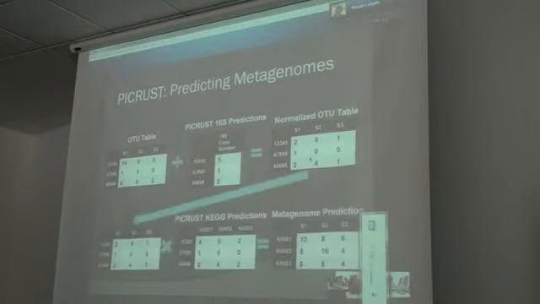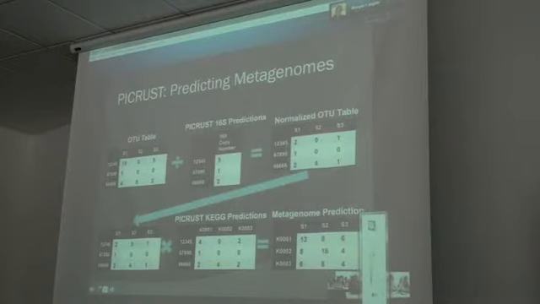Then after that, we do the metagenome prediction step. In the metagenome prediction step, we take this normalized table, although you could still use a regular OTU table as well, and we go into our pre-calculated large database here, and we simply do matrix multiplication where we multiply each of these KOs for each of these OTUs.